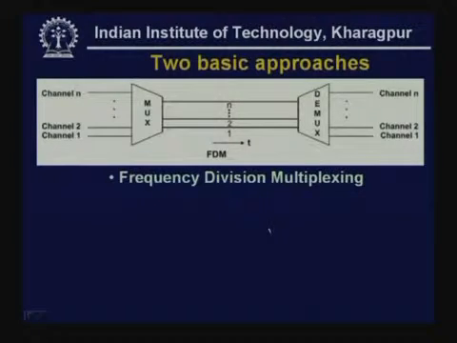This multiplexer and demultiplexer do the operation of combining and separating out, and it can be done in two ways. The first one is known as frequency division multiplexing. Here, as you can see, the signals coming from n channels, 1, 2 up to n, are multiplexed and sent simultaneously through a single channel.